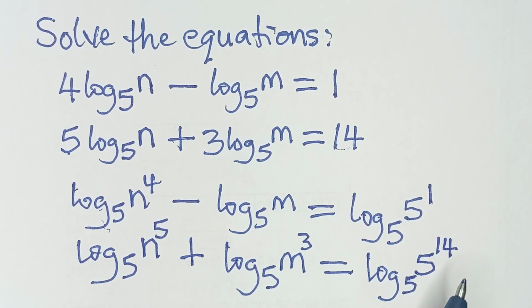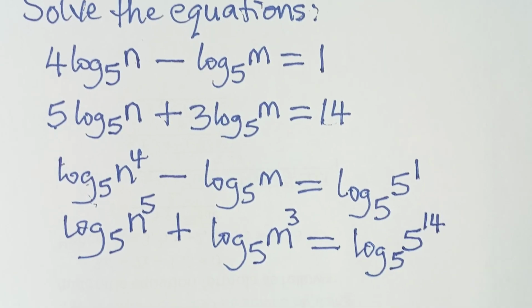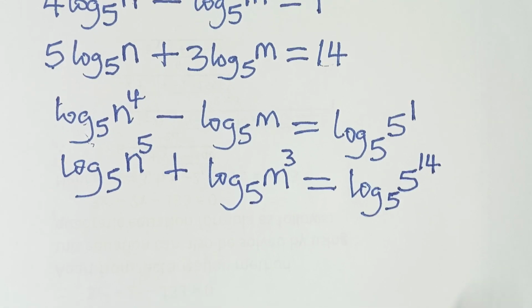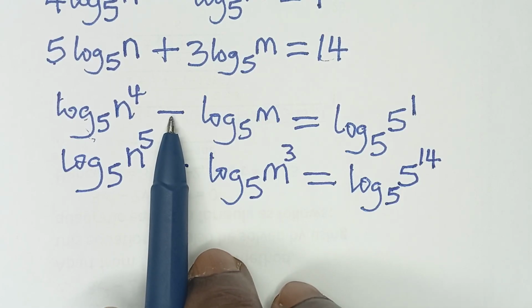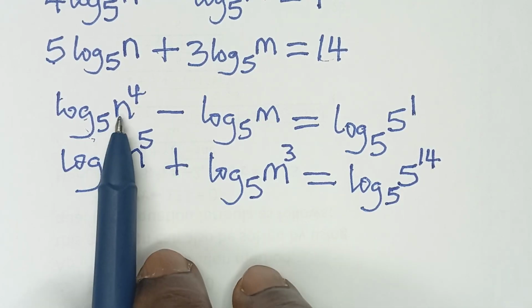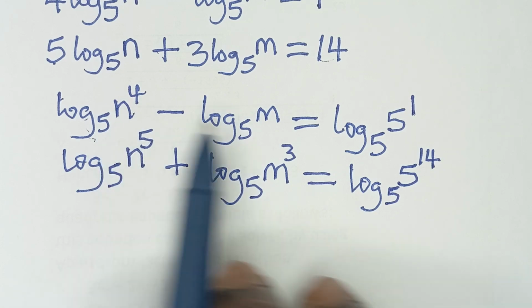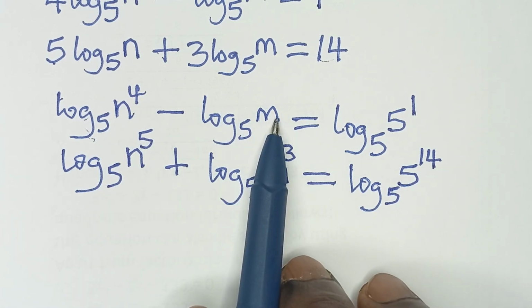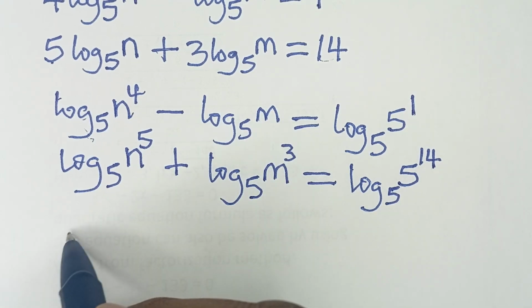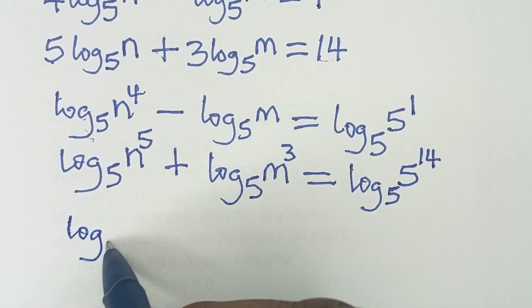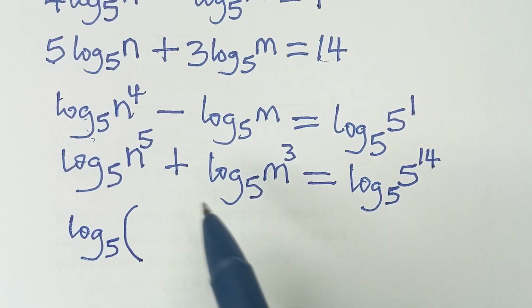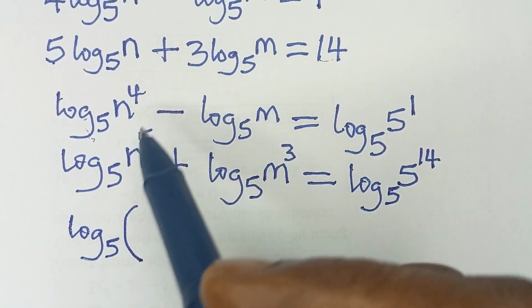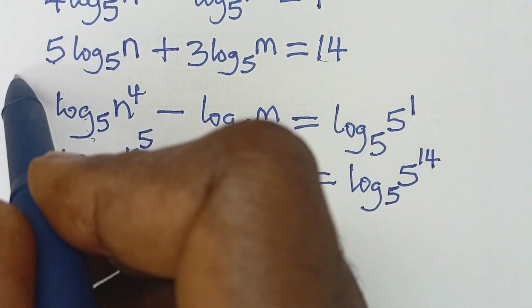So now that we have done that, we can apply another law or theory of logarithm. That theorem says that when you have subtraction of logarithms, you can divide the values of the numbers whose logs are taken. So you can simply take out log to the base 5, then open a bracket. And this value here, which is n, don't forget this is the question now.